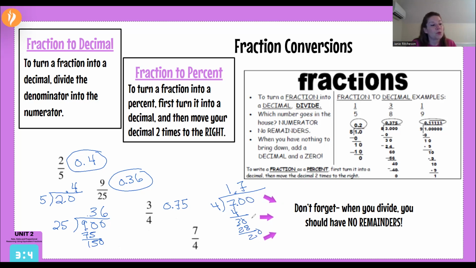And 4 will go into 20 5 times. So 7/4 is equal to 1.75. That is the answer. And keep dividing until you have no remainders, unless it's a non-terminating, repeating decimal.